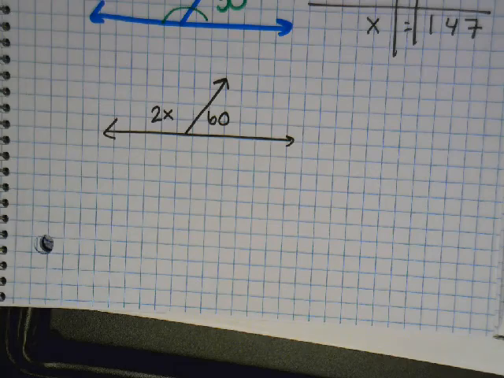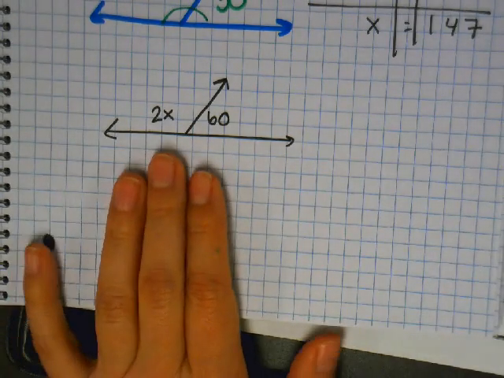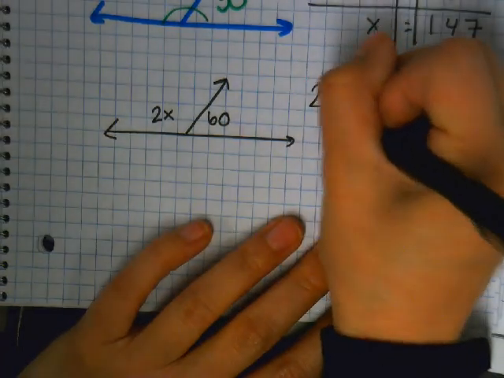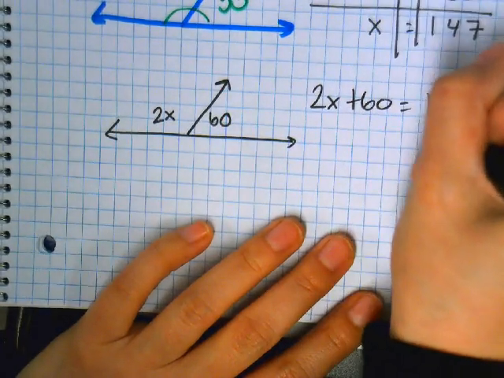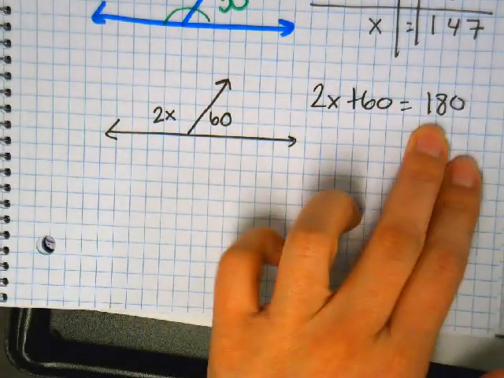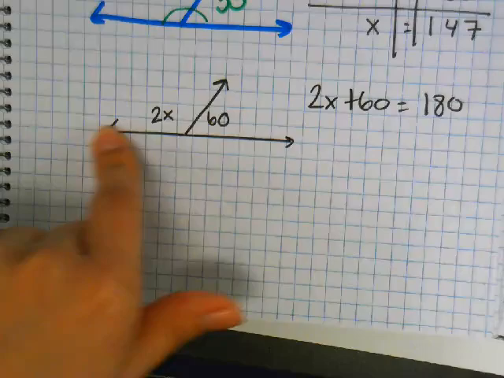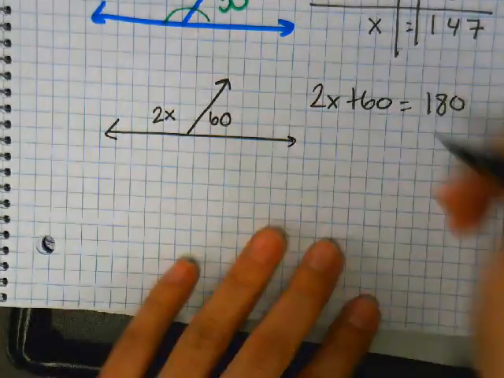What equation would you write down for this supplementary problem? 2x plus 60 is equal to 180. It equals 180 because it's a straight line. Very good. Draw my bars.